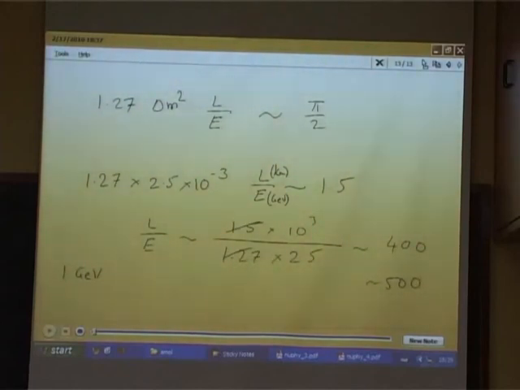It would be 1000 times 500, so MeV neutrinos, much smaller than GeV. Not good, MeV neutrinos are not very good to handle. Neutrinos are good to handle at 1 GeV, and if I have a 1 GeV neutrino, my length should be of the order of 500 kilometers.